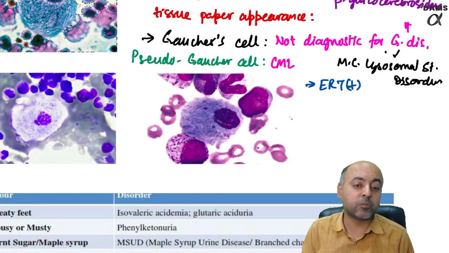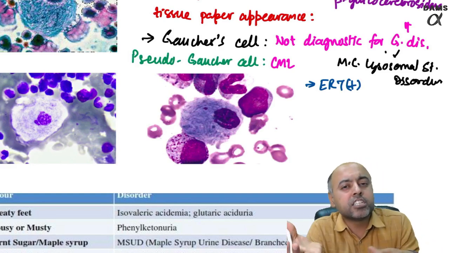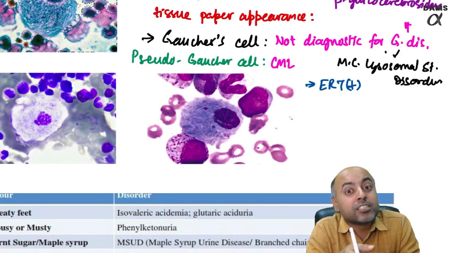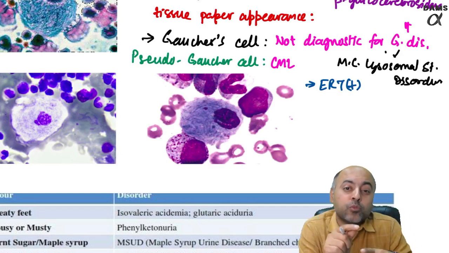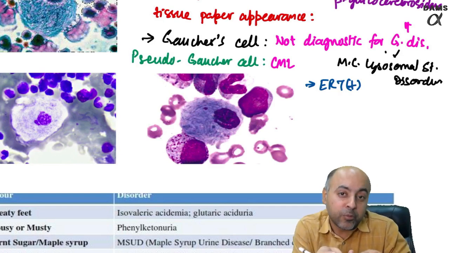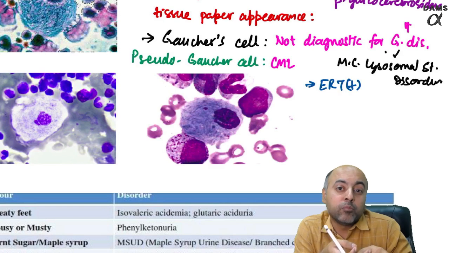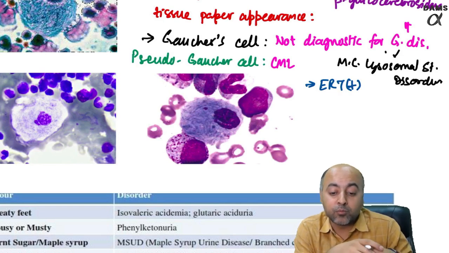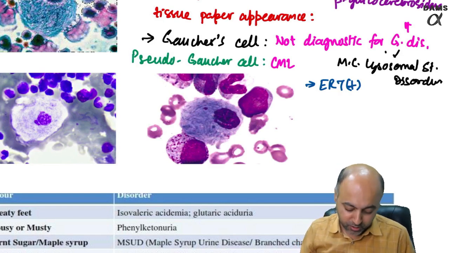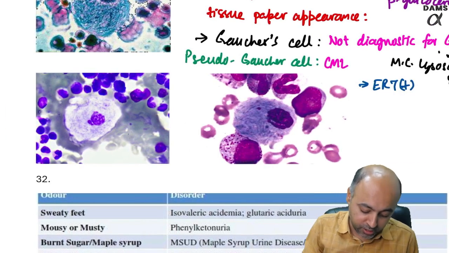So remember these points about Gaucher's. Typical presentation is with hepatosplenomegaly. Sometimes there can be bone pain, also known as the bone crisis. So these 2 points to remember about clinical presentation: either it can present with abdominal pain, which will be due to hepatosplenomegaly, or there can be bone pain described as the bone crisis. Enzyme replacement therapy is available for treatment of Gaucher disease.